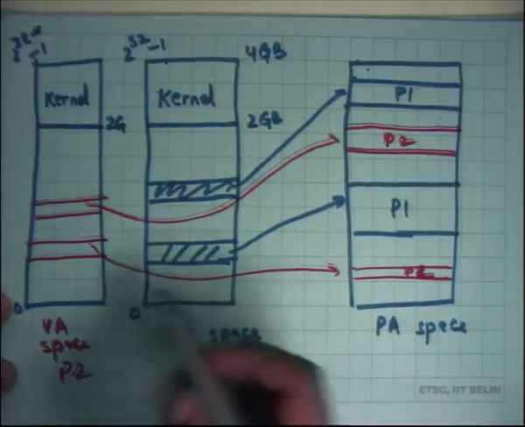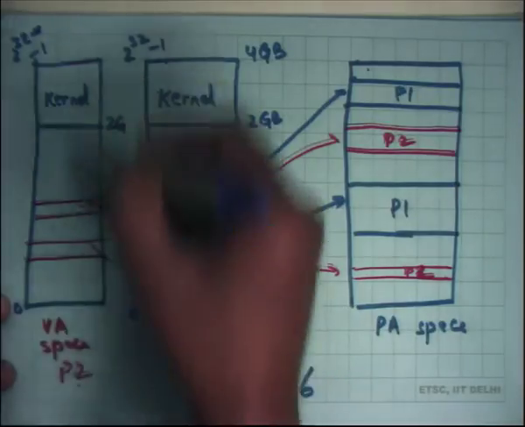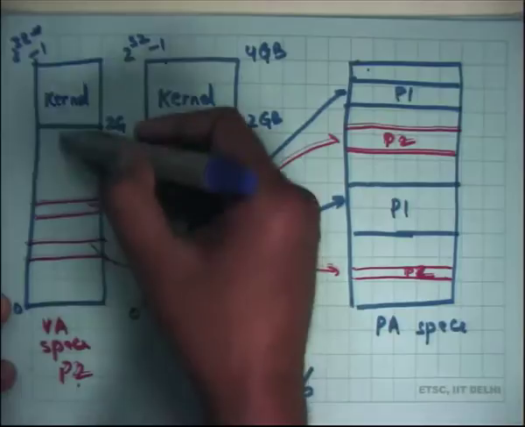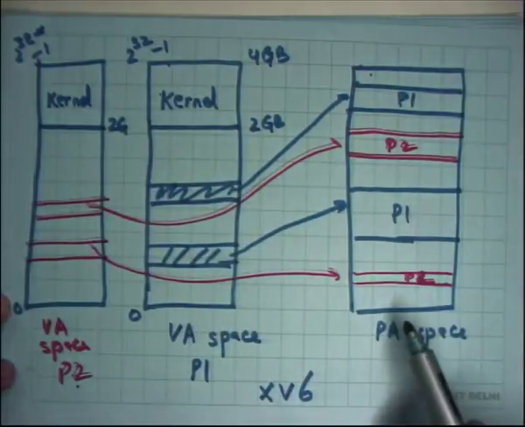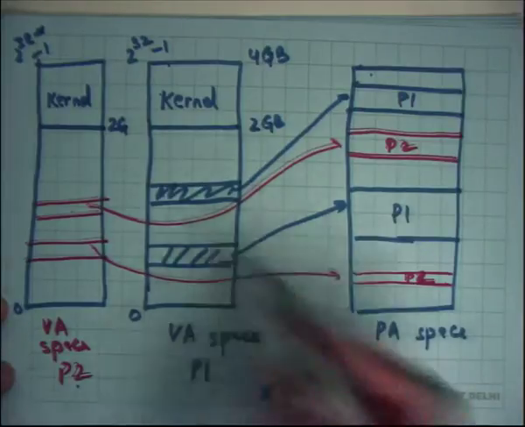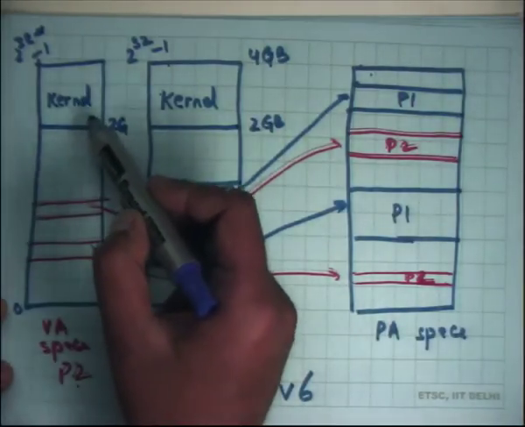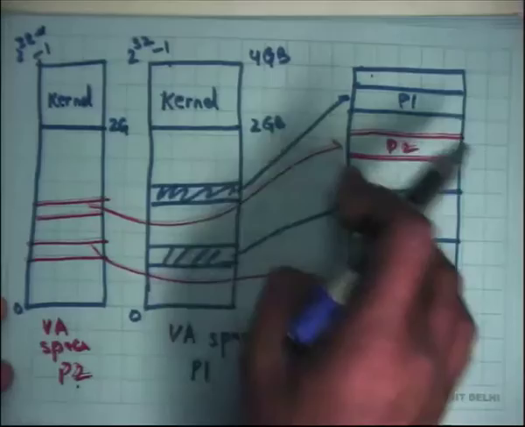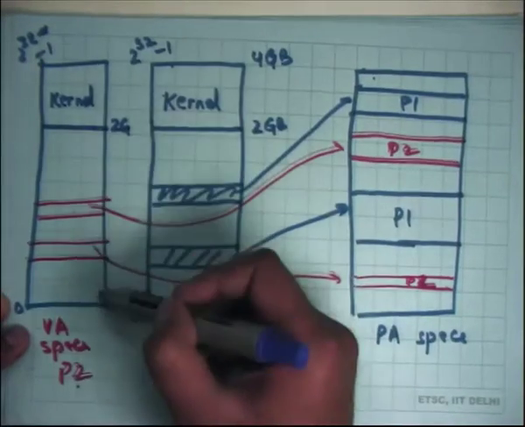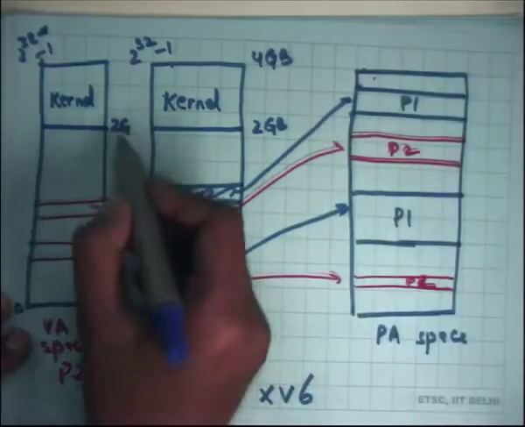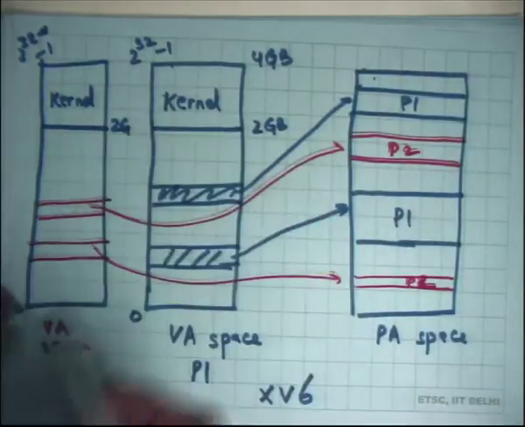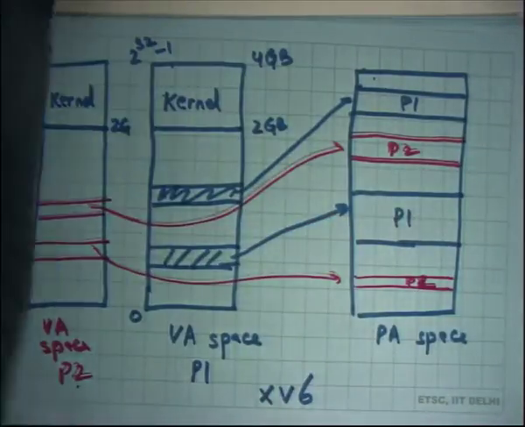Okay, so a process has a virtual address space. Here it can have whatever it likes, and those are getting mapped to potentially different regions in the physical address space. But the kernel is mapped at the exact same place in every process. So you're basically saying no process is allowed to use more than, let's say, 2 GB on xv6. And of course this is also backed. So let me use a different color for the kernel.